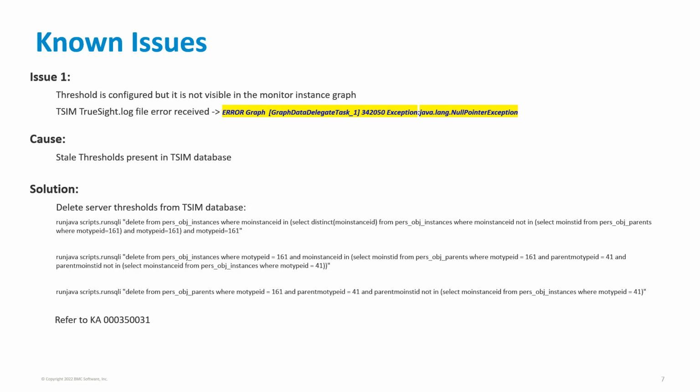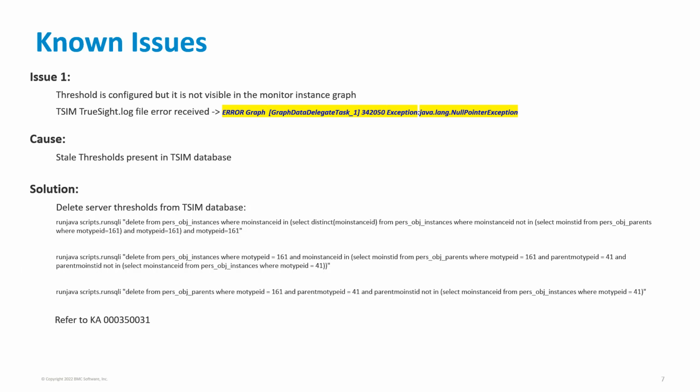To fix this, we need to stop the TSIM services and run these following 3 queries to delete those stale thresholds from the database. Detailed steps are specified in this knowledge article.